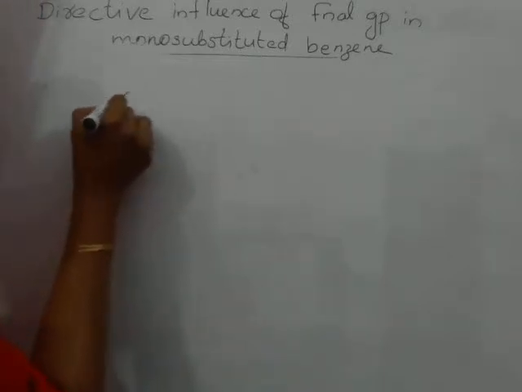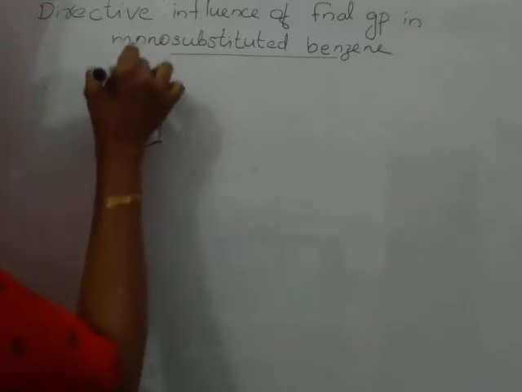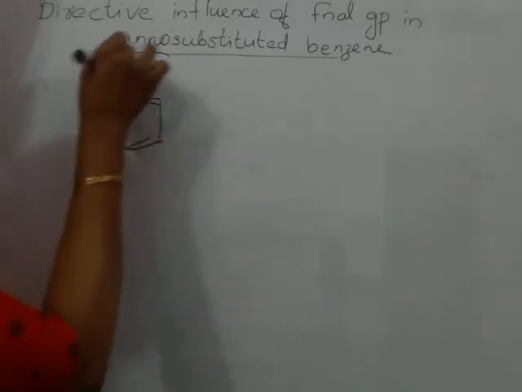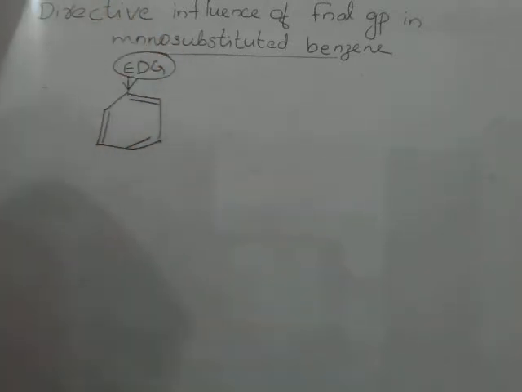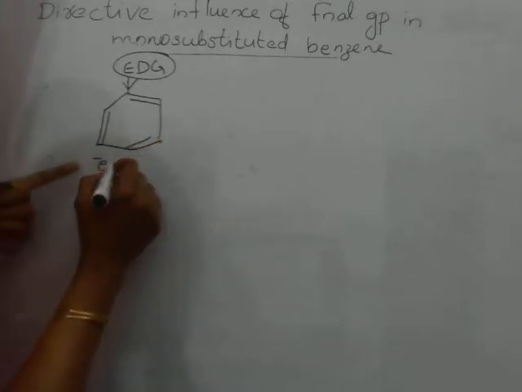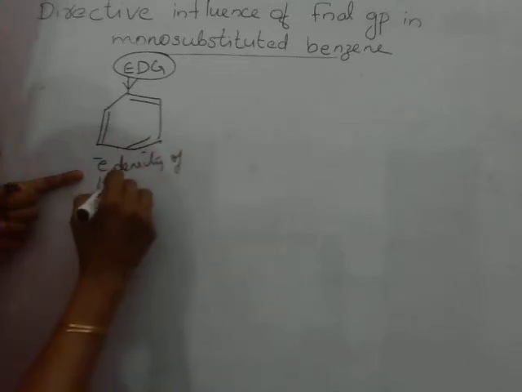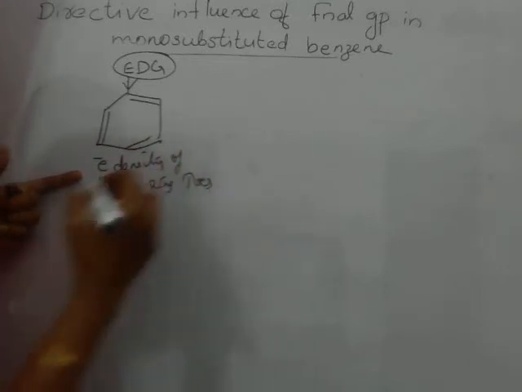Depending upon the nature of the substituent, if the group present in the benzene ring is an electron donating group, it would donate electrons towards the benzene ring. So the electron density or electron richness of the benzene ring increases.